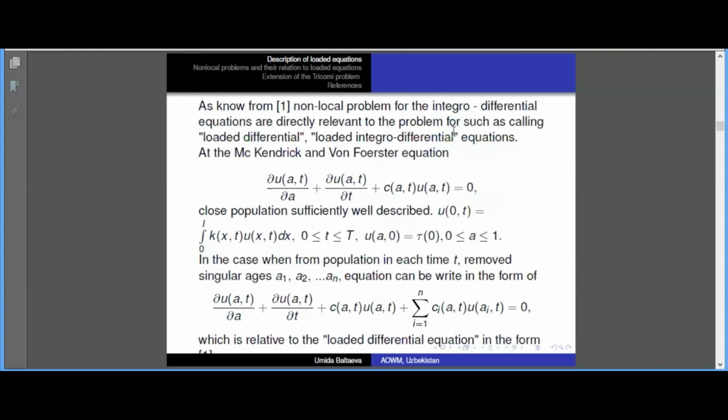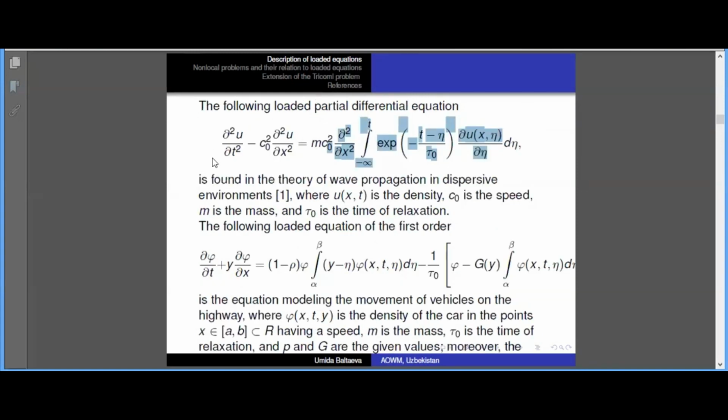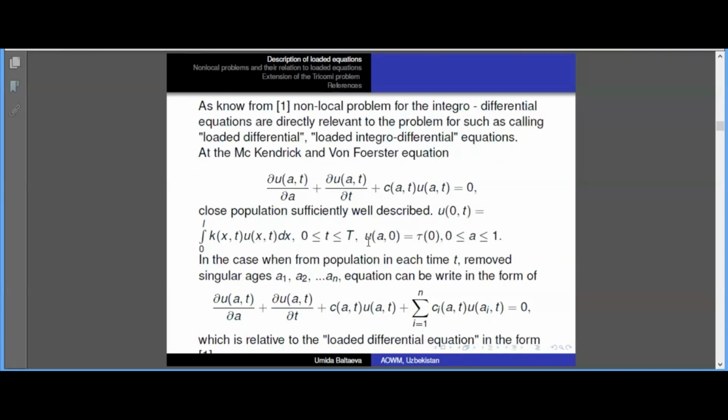The loaded partial differential equation is also very important in problems of optimal control and population dynamics. On the other side, for this kind of loaded partial differential equation, if we formulate a classical local boundary or initial problem, they can equivalently be reduced to a non-local problem, but for the classical partial differential equation without this loaded part. I would like to note one example, which is called the McKendrick and von Foerster equation.